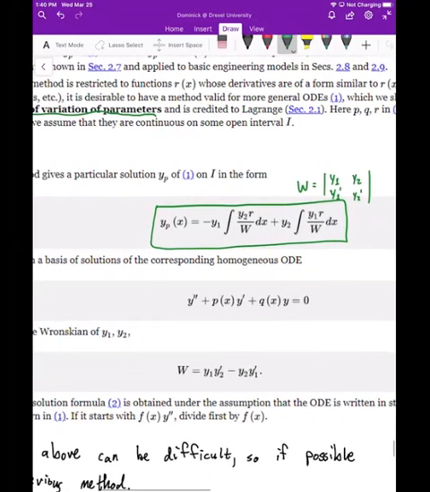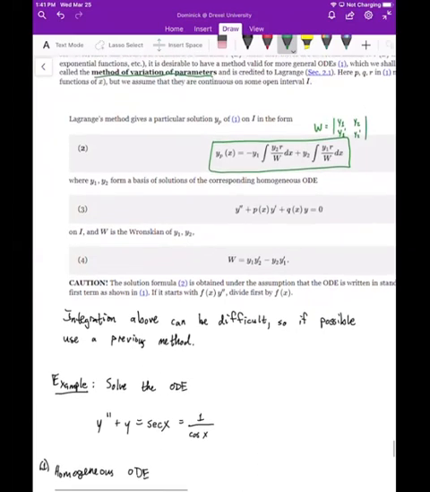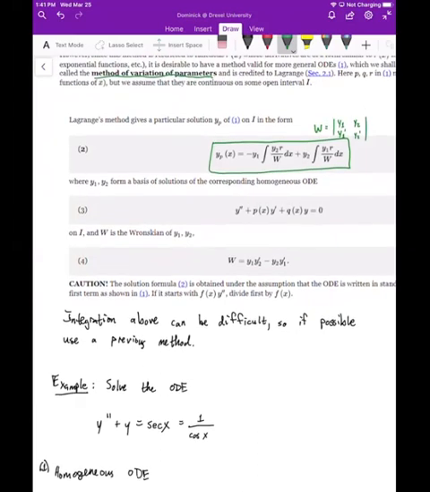And this assumes that your ODE is in this form, so if you had something in front of Y double prime, you would want to first divide through by that.